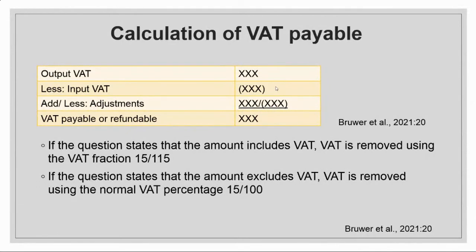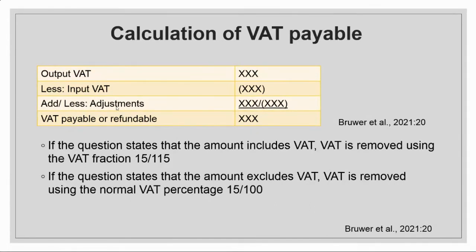Students also show that, which then is incorrect. Then you deduct the input VAT from it. So this is based on any purchases, any expenditure that you've incurred, and then add or less adjustments. Now this is any deemed supplies or notional input VAT that you claim, you will adjust it there.